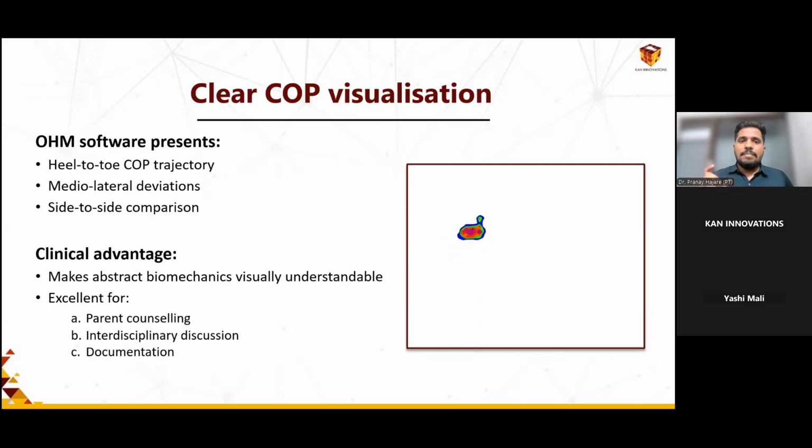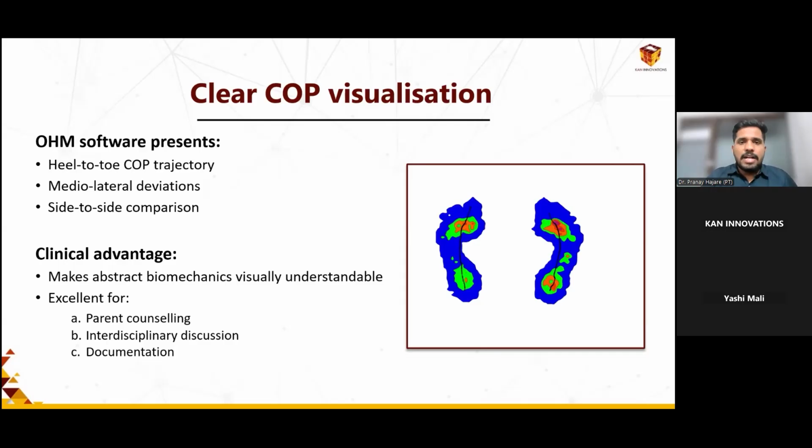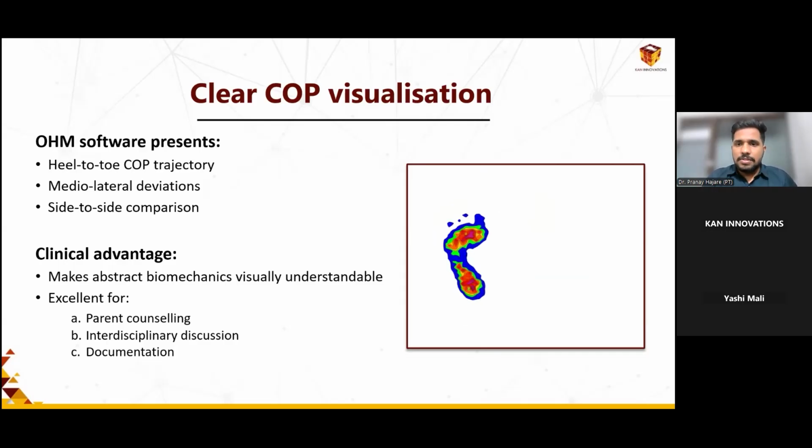It highlights the medial-lateral deviation, helping us identify whether there is any balance instability or compensatory pattern. And it also enables you to do a side-to-side comparison, which is especially valuable in asymmetrical conditions. So the real clinical advantage is that it transforms your biomechanics into something visually understandable.